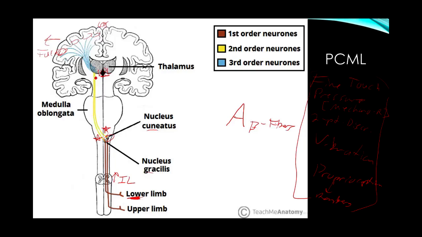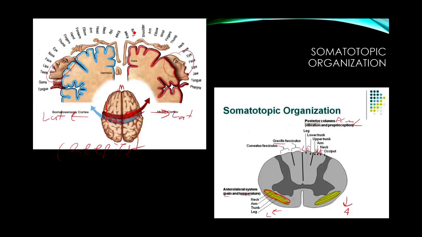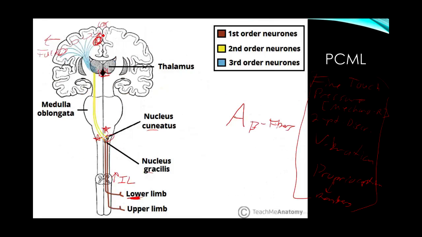Second order neuron travel up through, synapse in the thalamus. The third order neuron will travel up to around here. Just remember this picture, right? Legs. And we'll synapse here on the fourth order neuron.